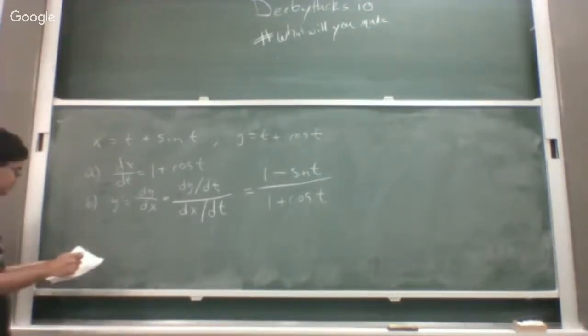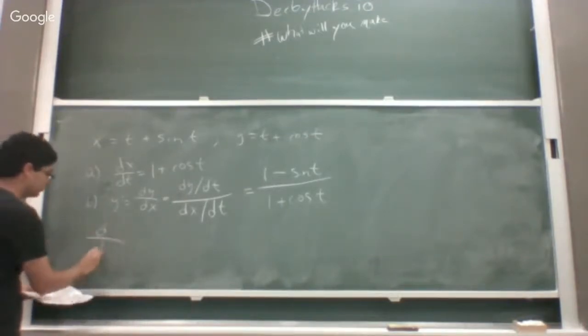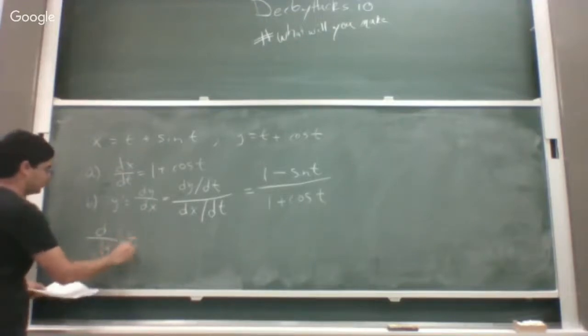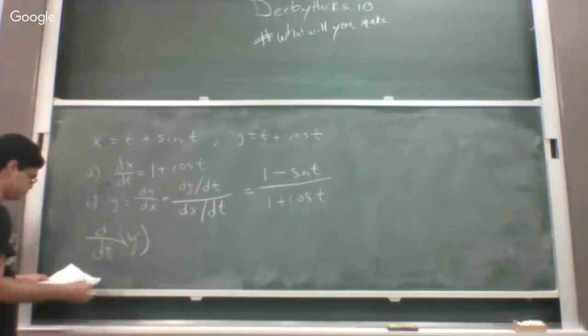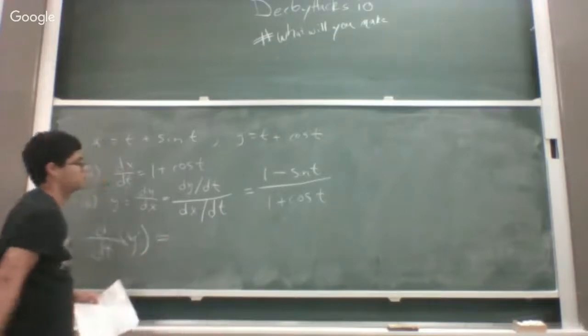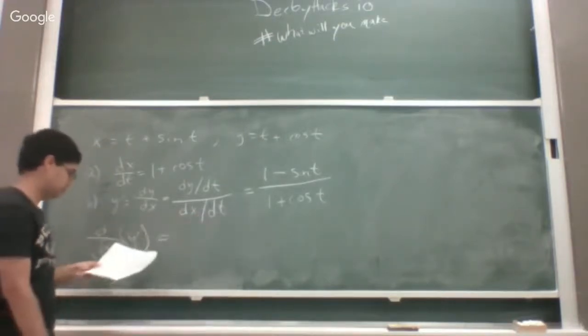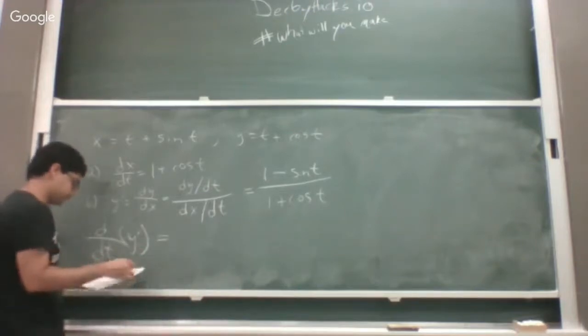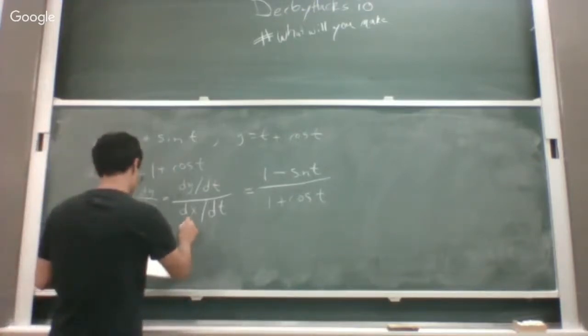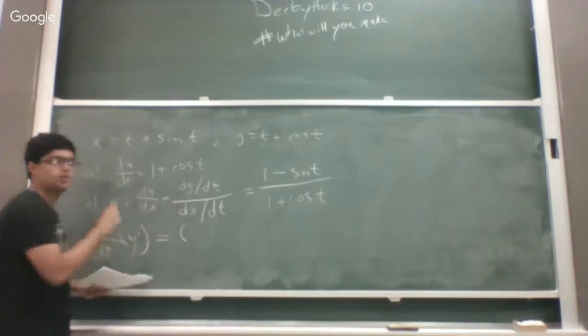So then we need the derivative of y prime. That's taking the derivative of this, right, with respect to t. So then what rule do we use? The quotient rule.